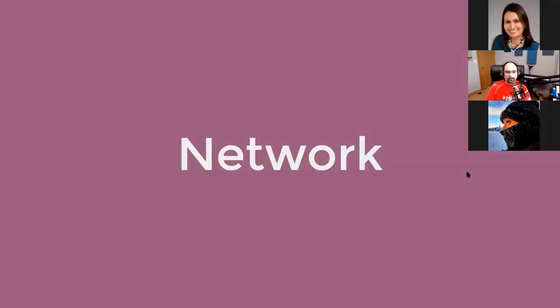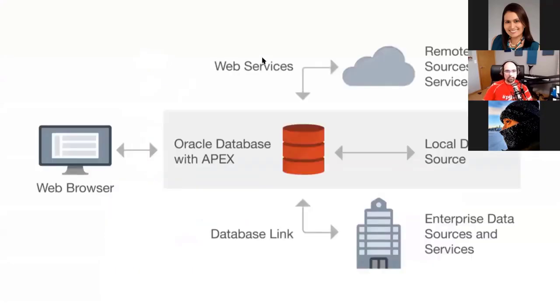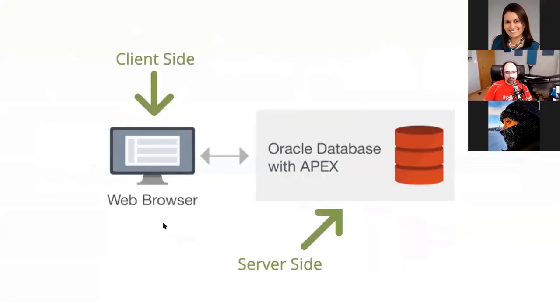Great. All right, network. Let's talk about what happens with the network. So, of course, we are working with a web browser with our application, and APEX is in the database. Our web browser will have the CSS, JavaScript, and images. Now, this being sort of an architecture, we're going to call the web browser the client side and the database our server side.